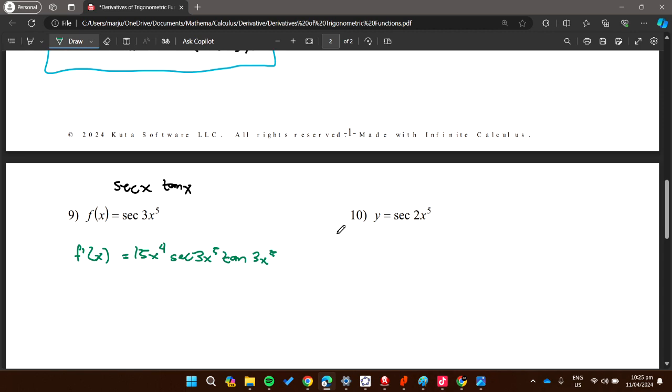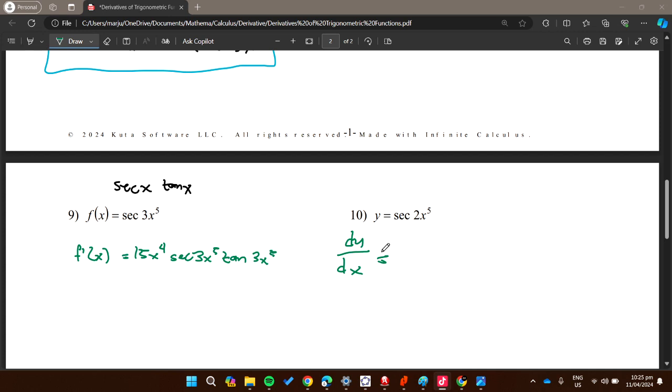Number 10. The same thing, no? The same thing. Again, the derivative of secant is just secant and tan. So, what is this? So, dy dx. So, this is just what? Alright, so 10x to the fourth power, secant 2x to the fifth, tangent 2x to the fifth power.